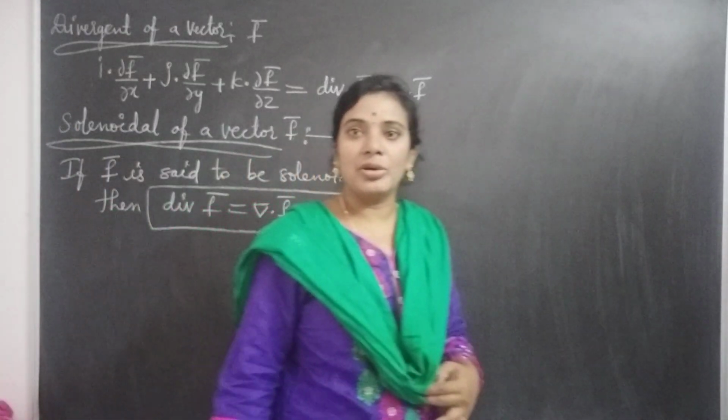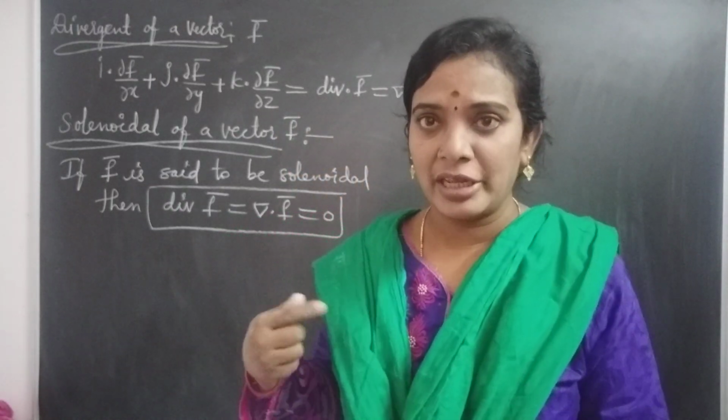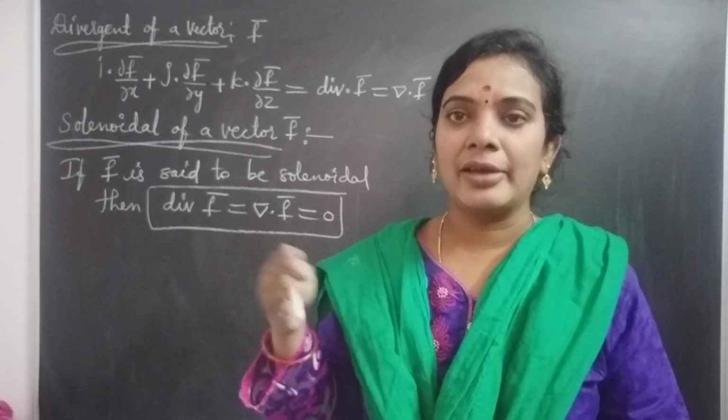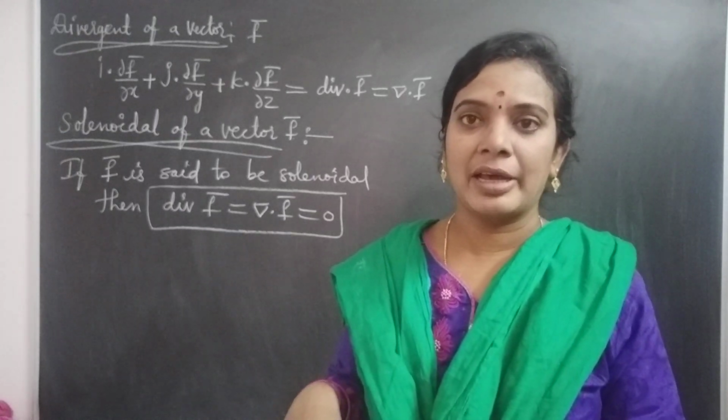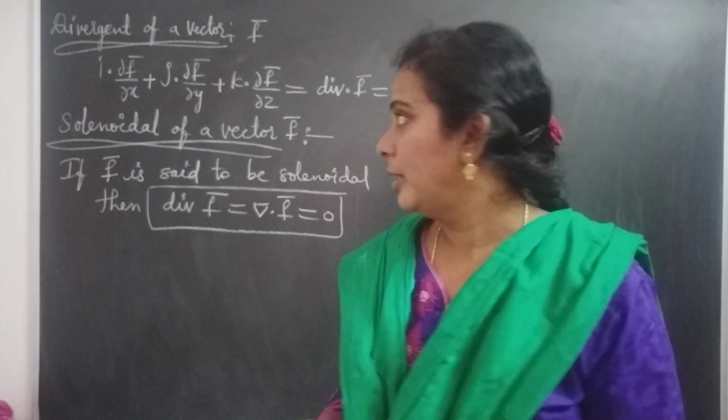If the divergence of any continuously differentiable vector point function is 0, then the continuously differentiable vector function f bar is said to be solenoidal.